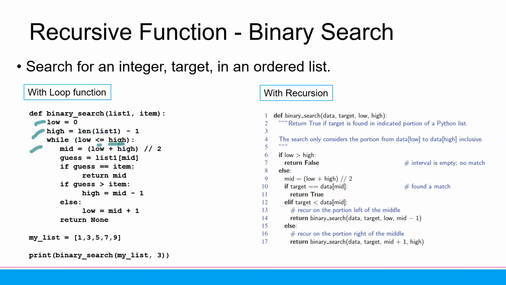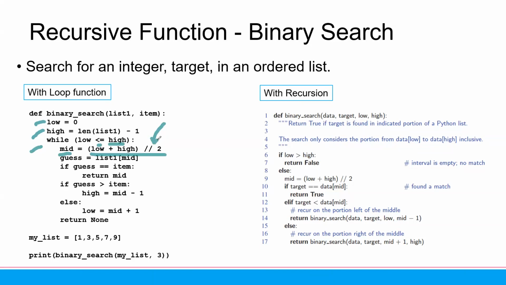Okay. And then we want to make the mid value. The mid value will be the low plus high divided by 2. You still remember what this division is? We want to get the integer value. Okay.